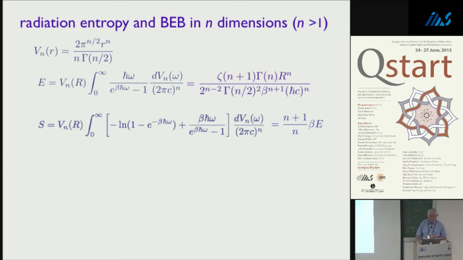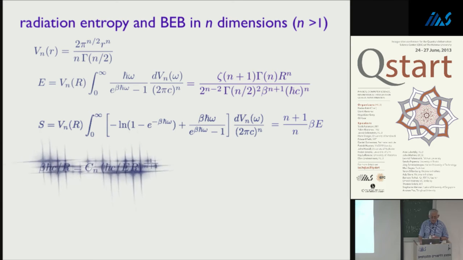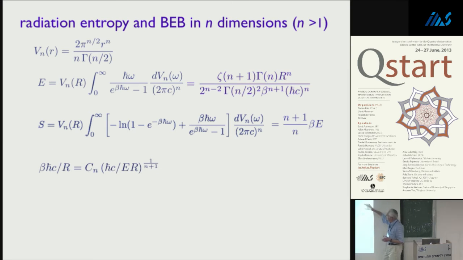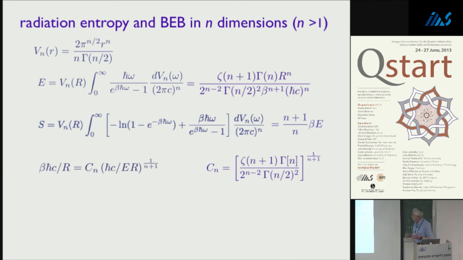Now, what I want to do is to solve this equation for beta. And you get beta in some dimensionless form written like that, where the Cn is the following numerical factor.